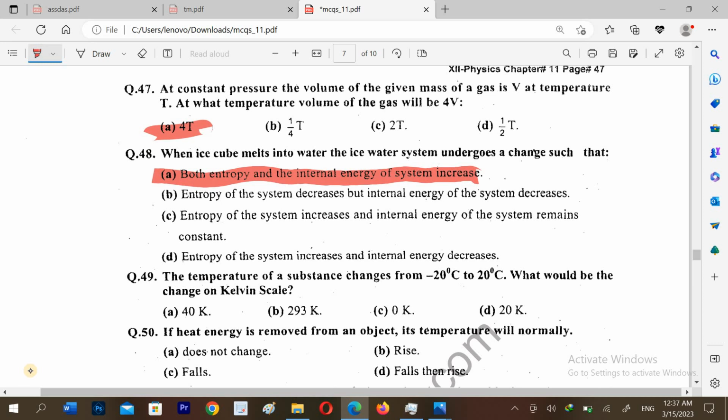D is the wrong answer. The temperature of a substance changes from -2 Celsius to 20 Celsius. What would be the change on Kelvin scale? A.